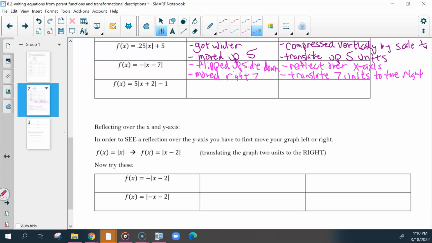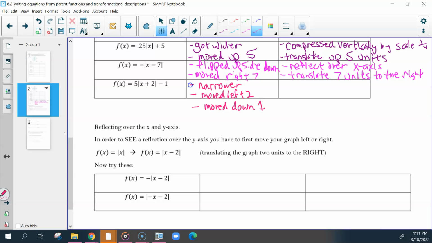Right, for this last one, you really have to think about, okay, what happens when I have all these things? So if I have a number that's not a fraction, then it usually gets narrower. +2 on the inside would be moved left 2, and -1 on the outside would be moved down 1.